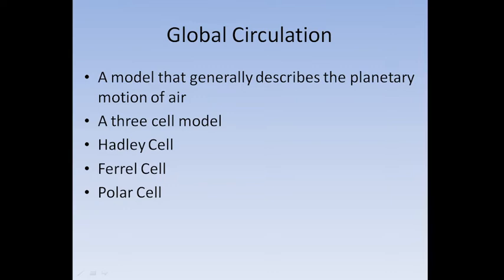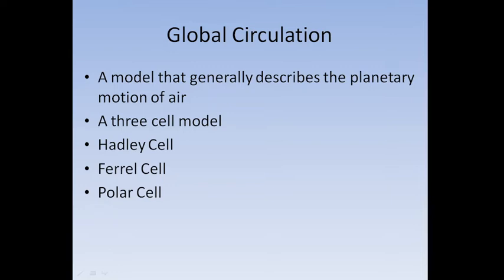These are semi-permanent high and low pressure systems that migrate north to south depending on the seasons, and stay kind of in their general area, but they're always there.